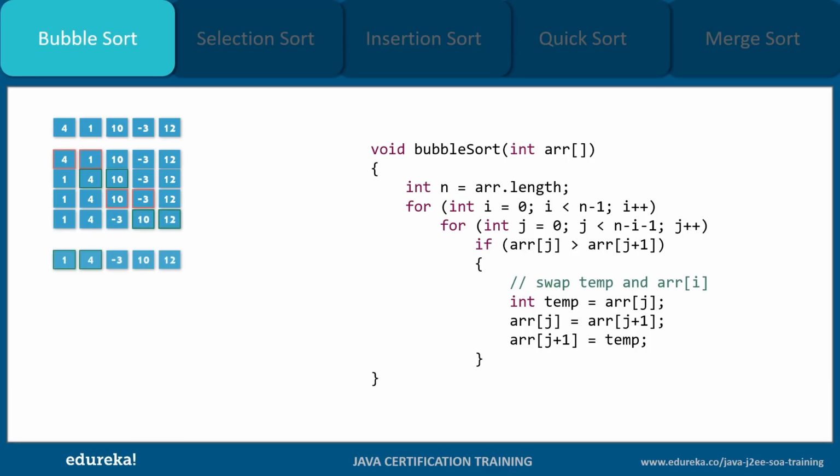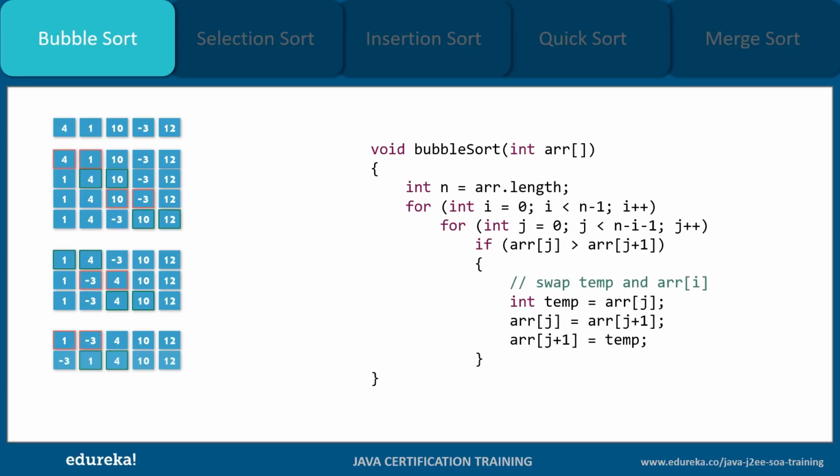In the next iteration, we begin again. Here we see minus 3 and 4 have been swapped, thereafter we compare 4 and 10, and finally, with the last iteration and so on, we sort the array.